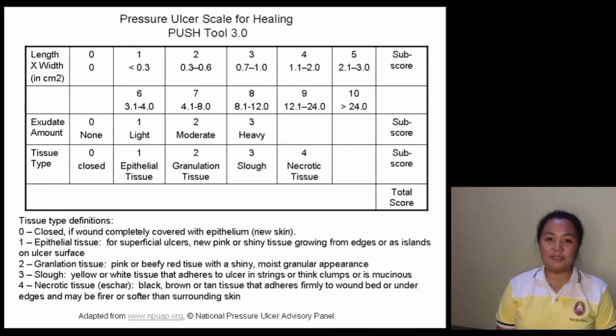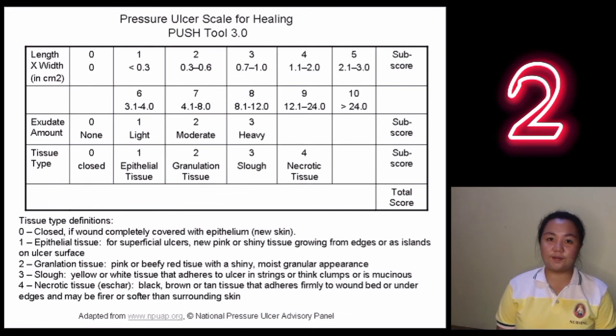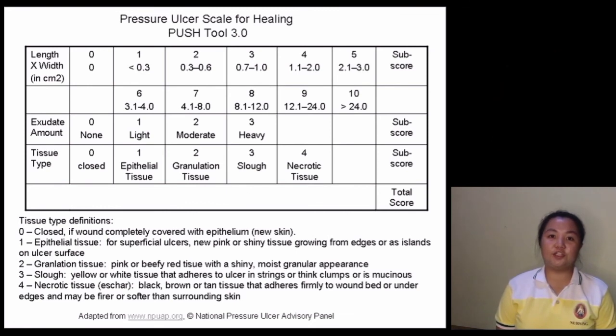If the wound is clean and contains granulation tissue, give it a score of 2. Granulation tissue is shiny, moist, and pink or red in color. Give a 1 to a superficial wound that is re-epithelializing, where the epithelial tissue is new, pink or glossy tissue that grows from the borders or as islands on the ulcer surface for a superficial ulcer.